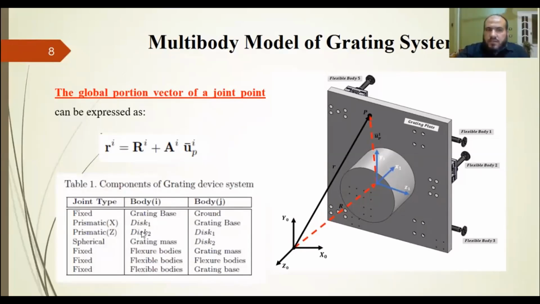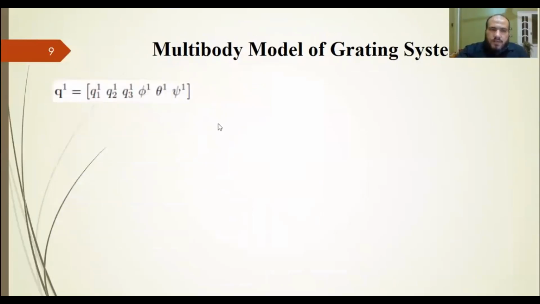We have about 14 bodies joined to each other by different types of joints. As an example, the fixed base is joined to the ground with a fixed joint. The generalized coordinates for every body can be defined as 3 for translation and 3 for orientation.